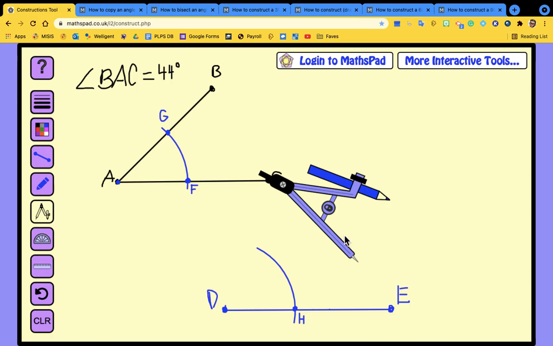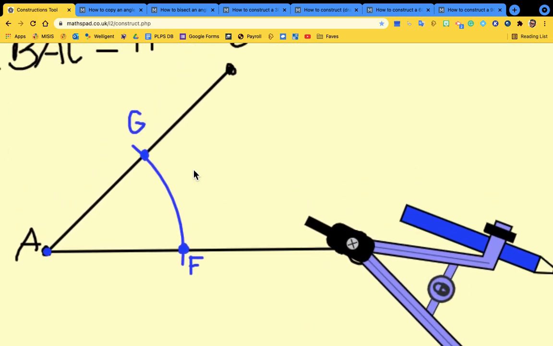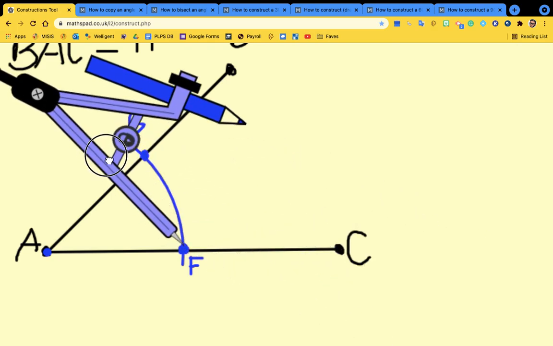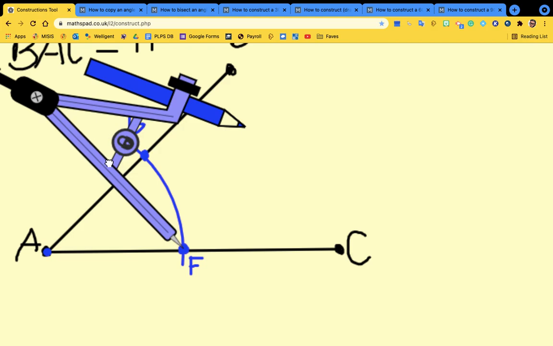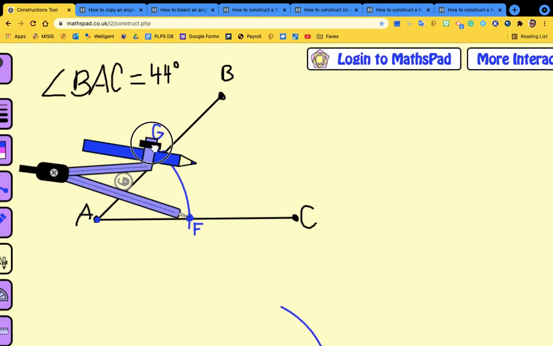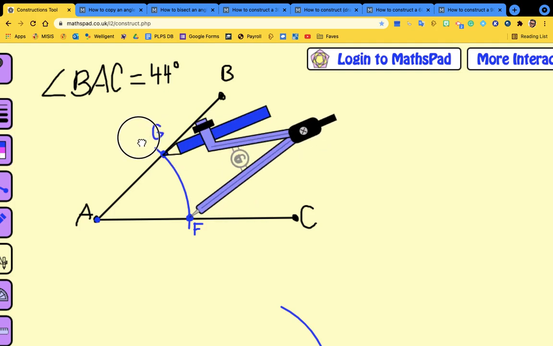Now I'm going to bring my compass and put the point of my compass on F. And I'm going to open my compass to G, from F to G. And I'm going to lock it in there.